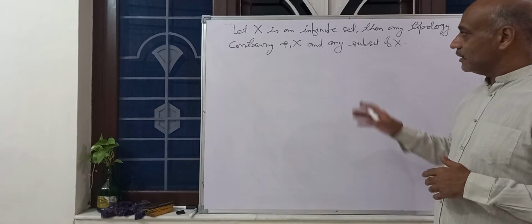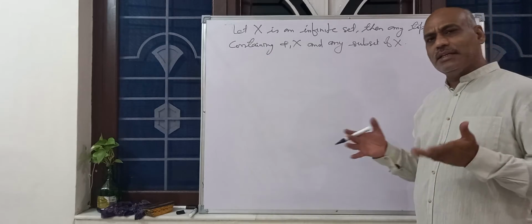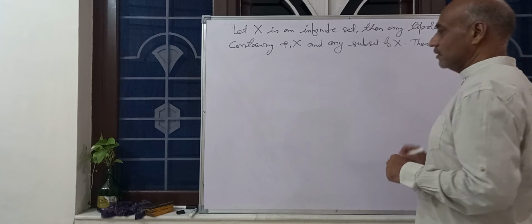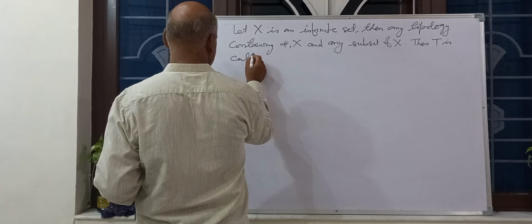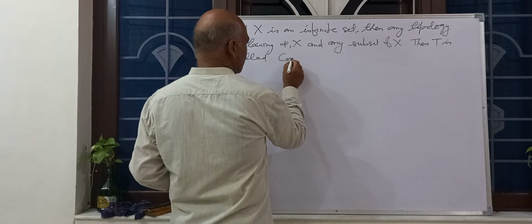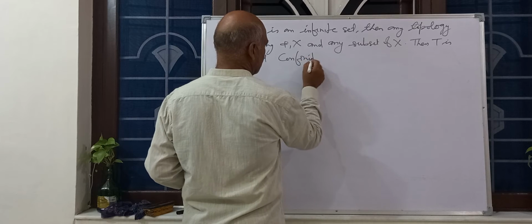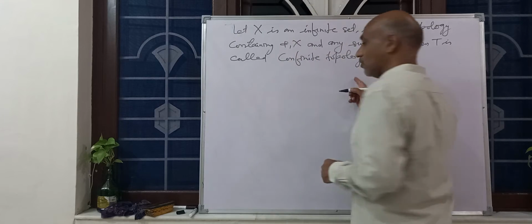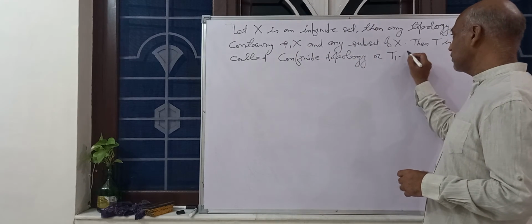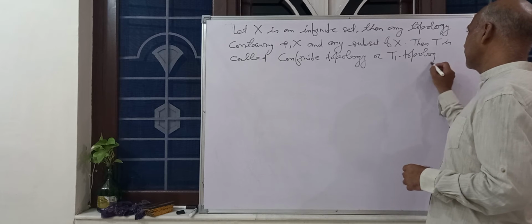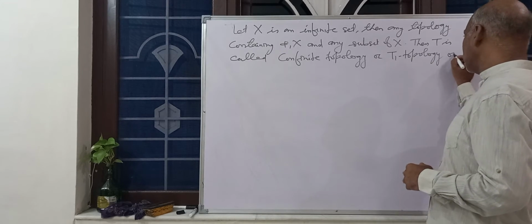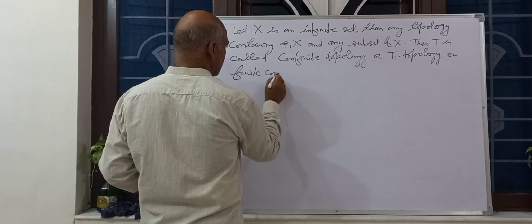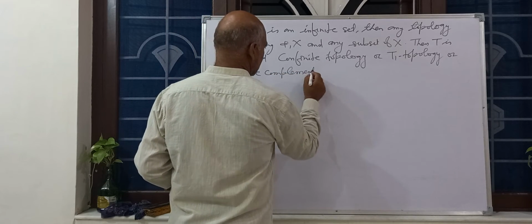Suppose X is an infinite set and T contains phi, X and any subset of X, then T is called cofinite topology, or we can say T1 topology, or finite complement topology.